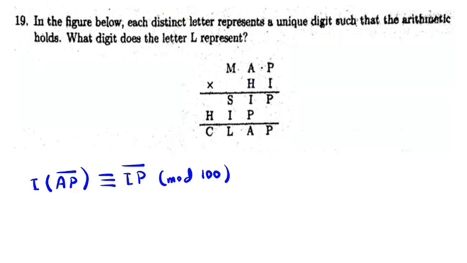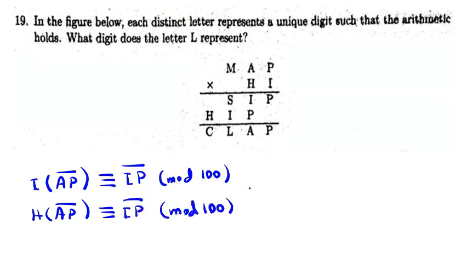And also H times AP, again mod 100 is this IP. Then you say, okay, because IP equals IP, we conclude I times AP is congruent to H times AP. For this problem, you should know the rules in congruency.